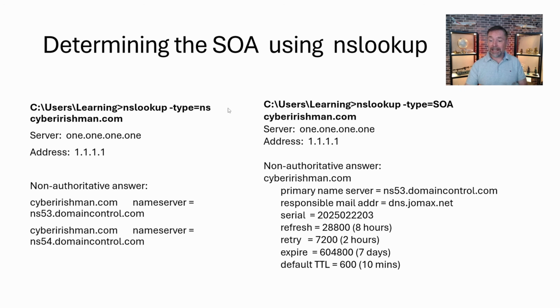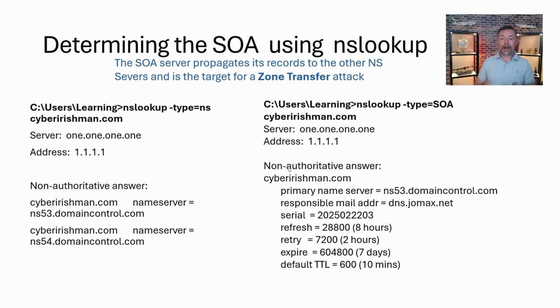And it tells me it's ns53.domaincontrol.com. That's the server I need to do a zone transfer attack on. I can't do it on the other NS servers. The SOA server propagates its records to the other NS servers. This is the target of a zone transfer attack, very popular on every exam I teach.